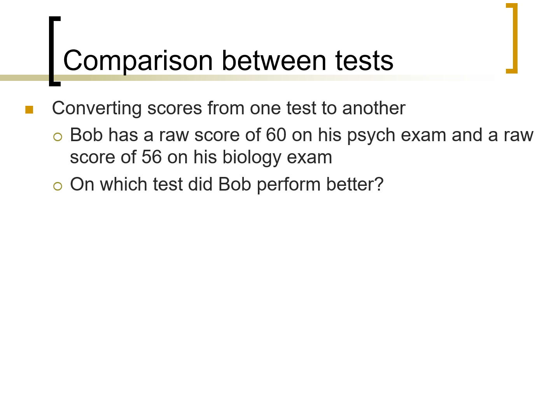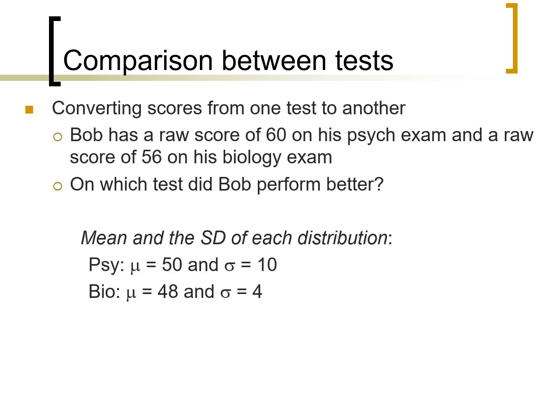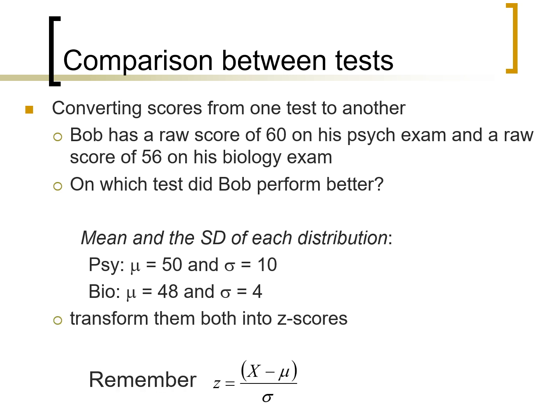Well, just the raw score of 60 may sound better, and if you don't know anything else, that's the best we can do. But if we do know things like the population mean and standard deviation, that will give us a better solution to answer this question. So what we do is convert both of these raw scores into z-scores.